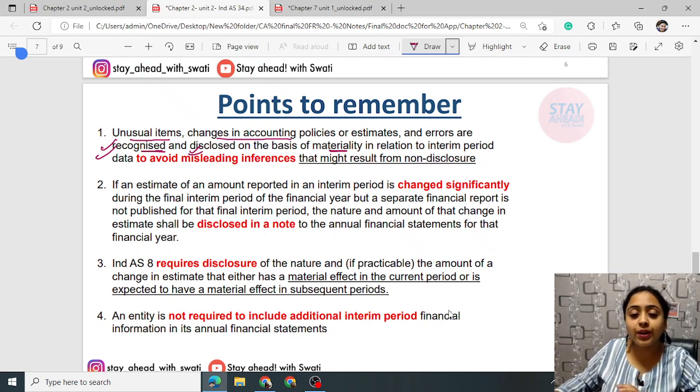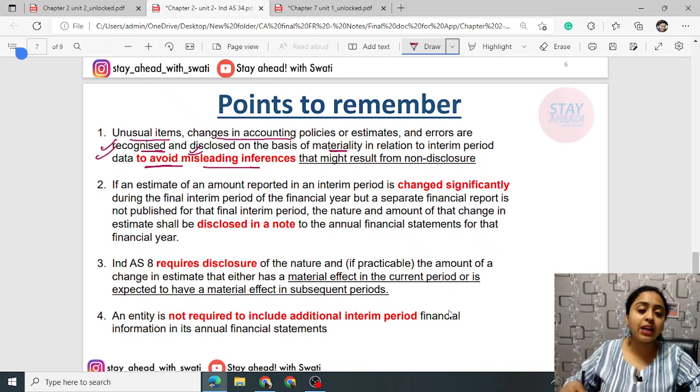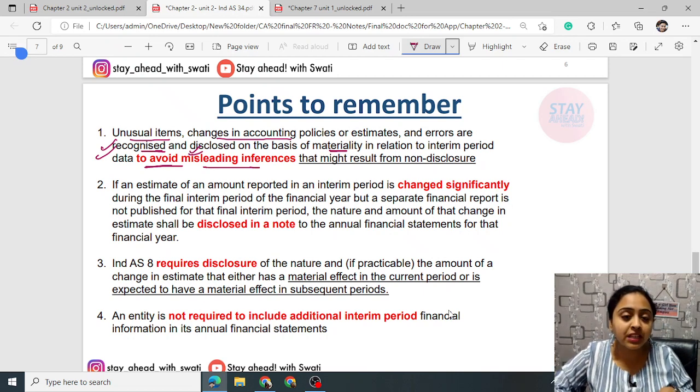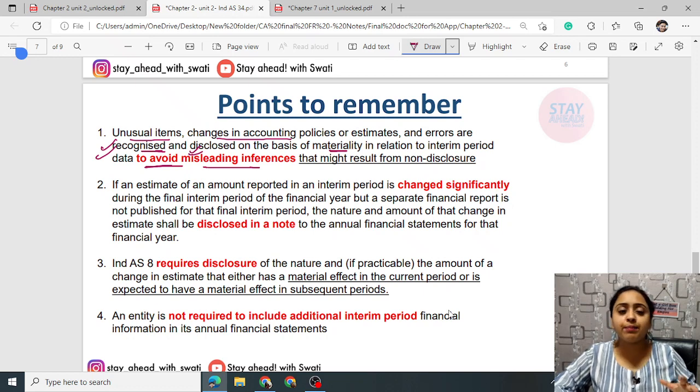In the relation to interim period data, to avoid misleading inferences, so that if you are not disclosing any material information, this might mislead the present position of the entity. Okay, the user might get a wrong interpretation of the current position of the entity. For example, there is a court case going on and the entity has lost in the second quarter, and there is a heavy payment penalty of rupees, for example, 2 crores.